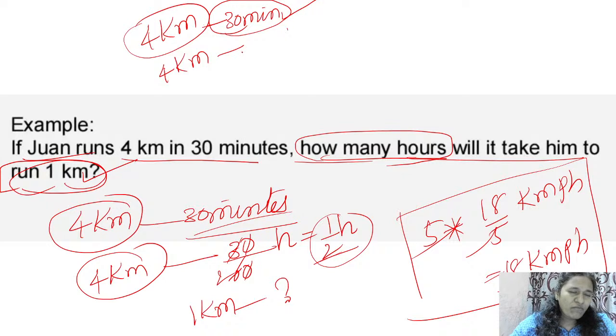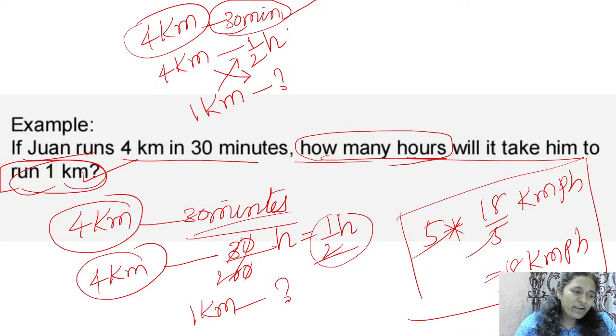For that we are dividing by 60, because 60 minutes is 1 hour, right? To convert minutes into hours, we have to divide by 60. That means this will become 1 by 2 hour. Then we have to find how many hours he will take for 1 kilometer. We just have to cross multiply. Whenever there is an unknown value among the 4 values, this is a comparison of ratios, right?